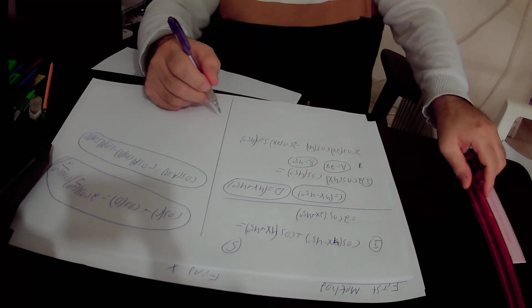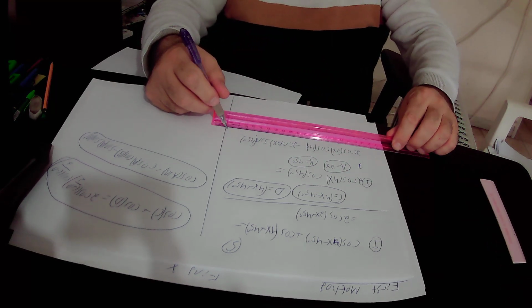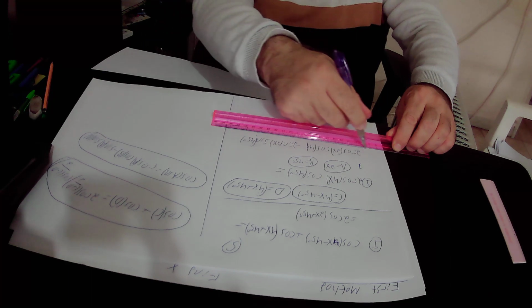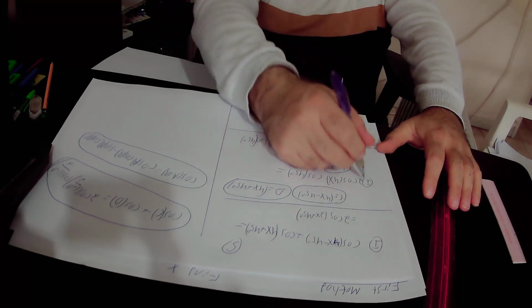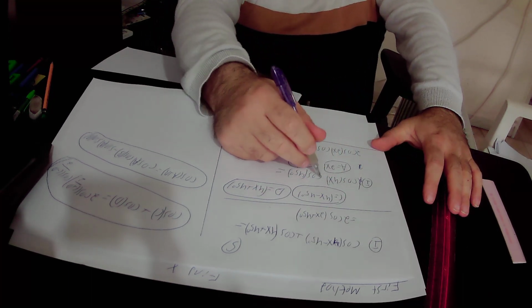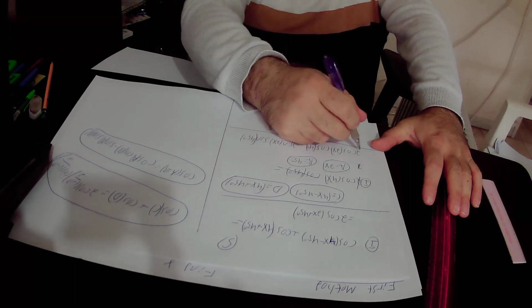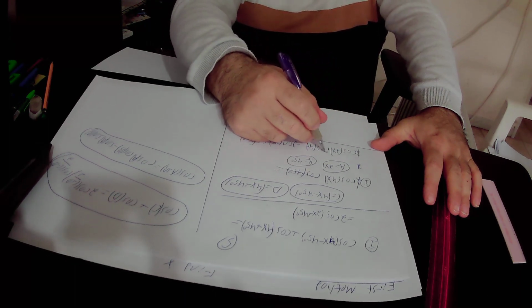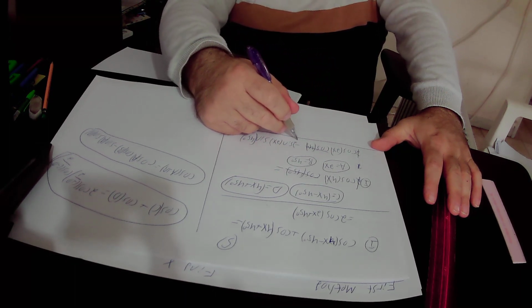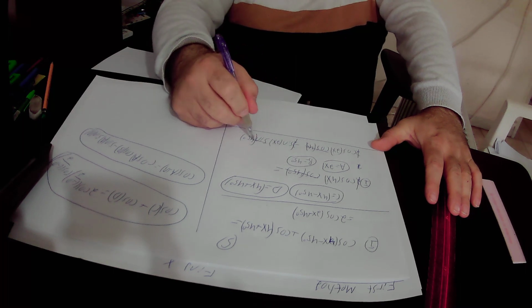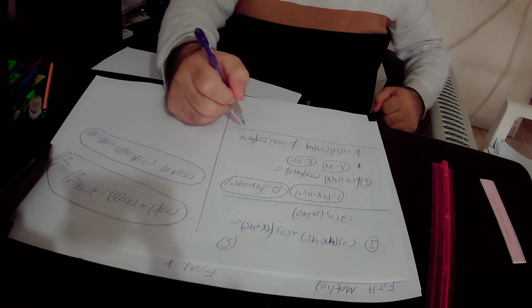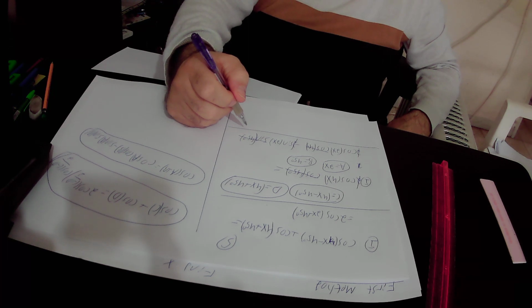So here we will divide equation number 1 by 2 cosine 45 degrees. So here 2 cosine 45 degrees will get cancelled. Here also 2 cosine 45 degrees will get cancelled, and here 2 sine 45 degrees will get cancelled because of the fact that cosine 45 degrees is equal to sine 45 degrees.